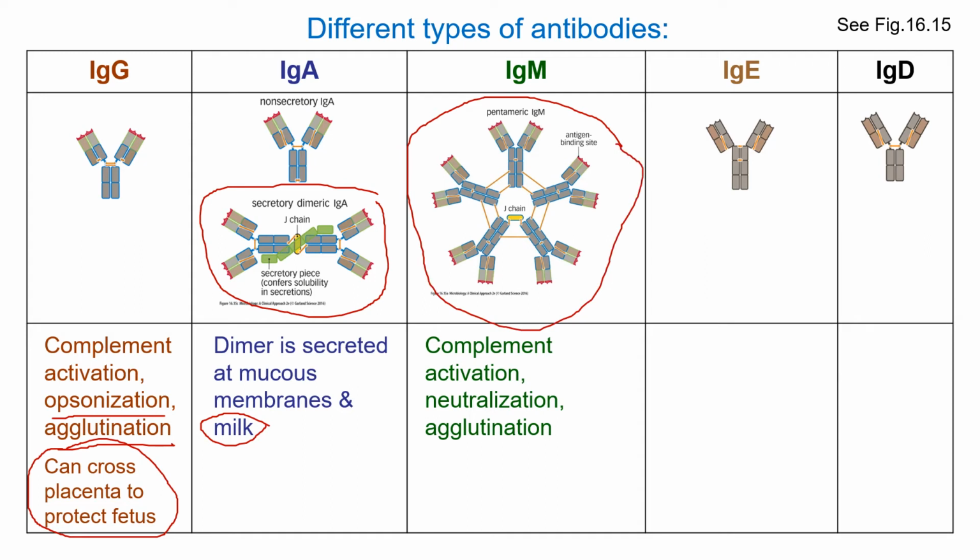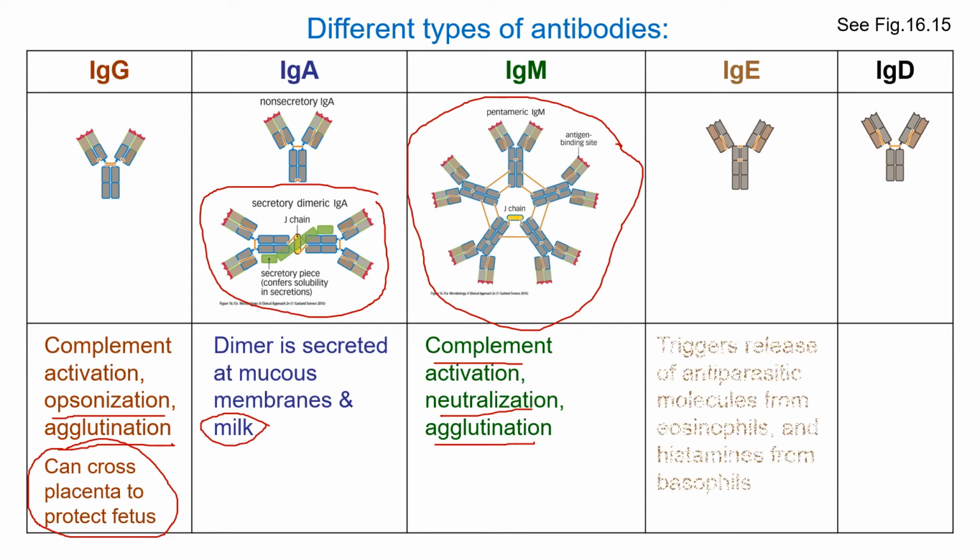Very, very good molecule for finding and recognizing pathogens. This does all the usual things. You can see it's activating the complement, neutralizing, agglutinating, and so on. IgE, so this one here is very important for attacking parasites, and it turns out it's also involved in allergic reactions. And IgD, turns out we don't know what that one does yet. I'm sure somebody will figure it out someday.